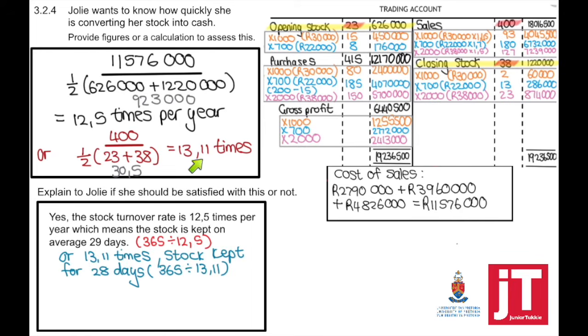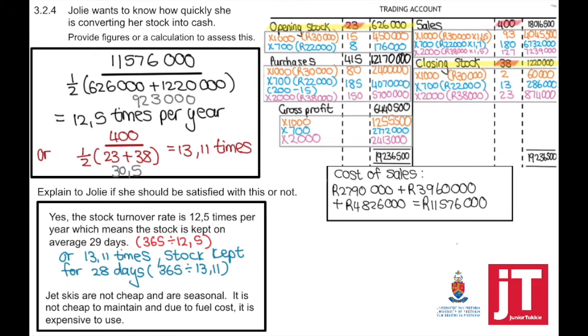Or if you use the number of units, the 13.11 times, you have to take 365 divided by that. It means it's kept for 28 days. Jet skis are not cheap and are seasonal. It is not cheap to maintain, and due to fuel costs, it is expensive to use.